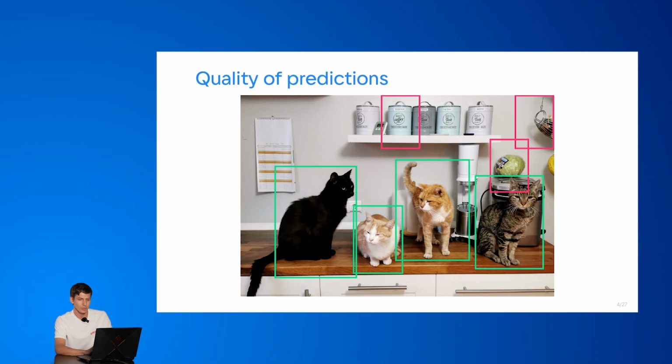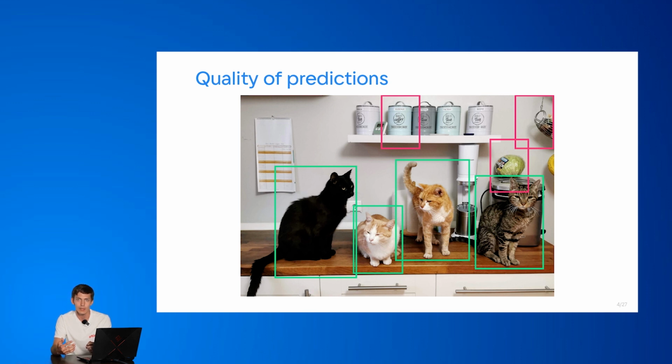All of these popular CV tasks can be solved by machine learning, as I have already said. And the main point is to estimate the model's predictions. For us, it is easy to look at the picture where there are two models' answers. The green bounding boxes are predictions of the first model, and the red ones are predictions of the second model.